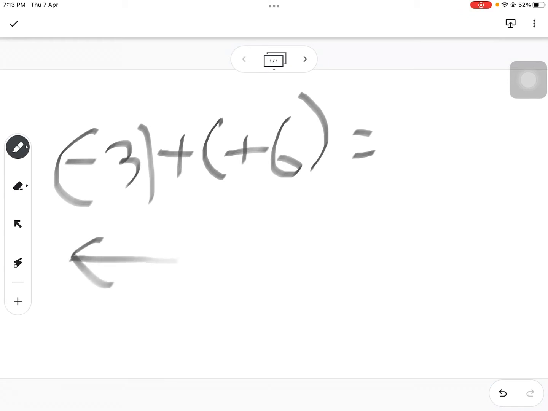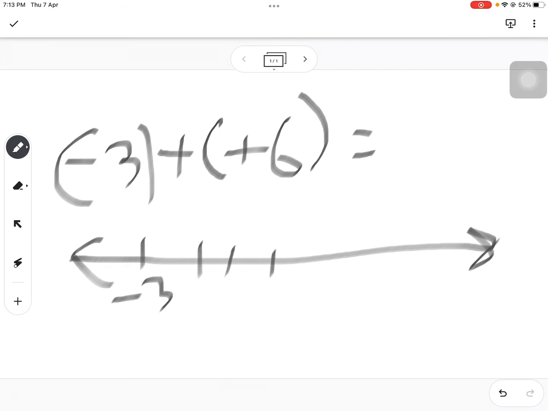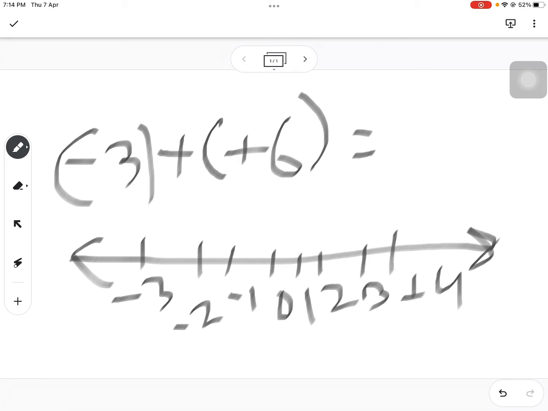So we'll again make a number line. And then we are going to start at negative 3, 1, 2, 3, 4, 5 and 6. So negative 2, negative 1, 0. Then positive 1, 2 and 3. So the answer will be positive 4.